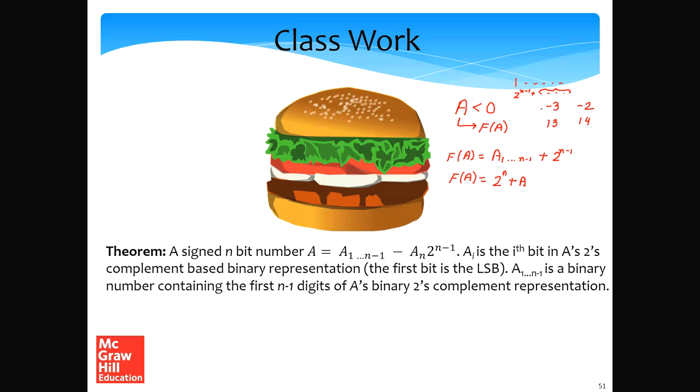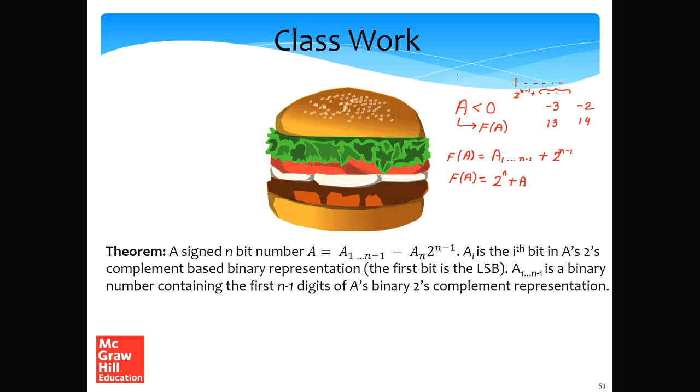When we want to find the 2's complement representation of minus 3, what we do is we actually add 16 to it, right? When we add 16 to it, we get plus 13, which is its representation. Similarly, when we want to find the 2's complement representation of minus 2, we also add 16 to it in a 4-bit system to get plus 14.